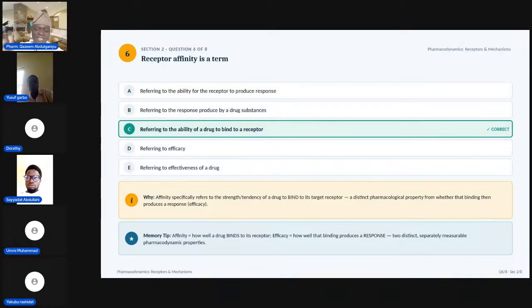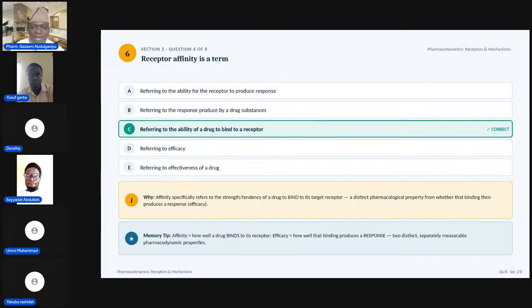But the efficacy is that you are able to function optimally all the time without a pharmacist. I don't know if you understand the differences now. Yeah? The difference is saying that you can actually function. That is affinity. You can do the work. But would you be able to do the work 100% all the time alone? That is efficacy. So how efficacious are you in doing the work? It's different from being able to do the work.